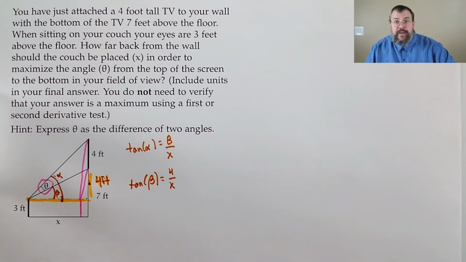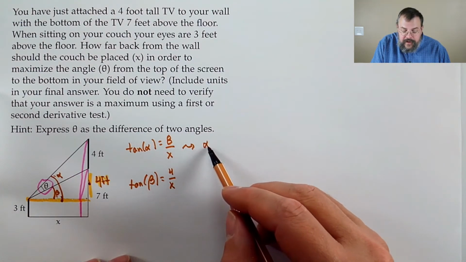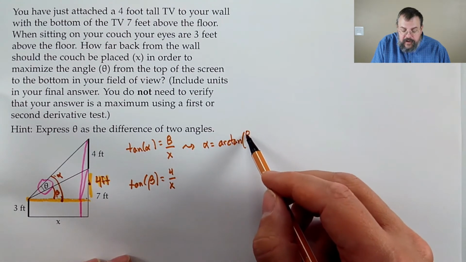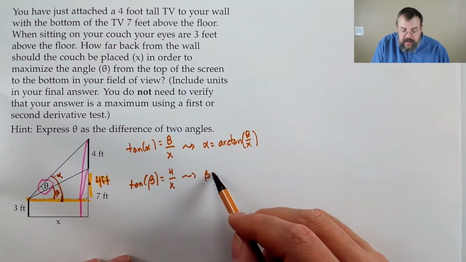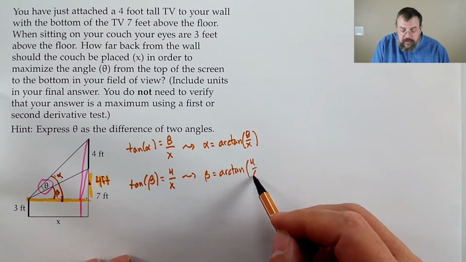In other words, how do we bring them outside? Well, we undo tangent, or if you like, the inverse of tangent, known as arctangent. So we can say alpha is the arctangent of 8 over x, and beta is the arctangent of 4 over x.